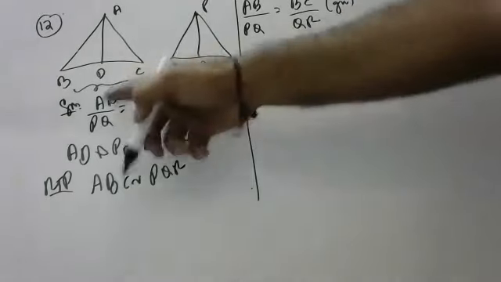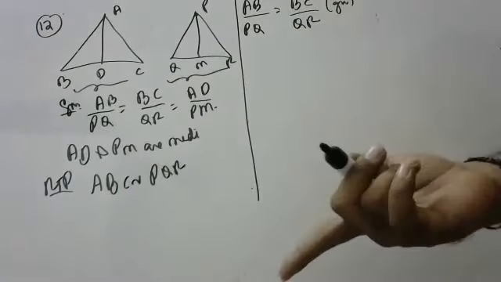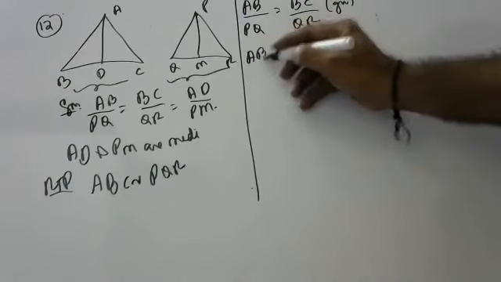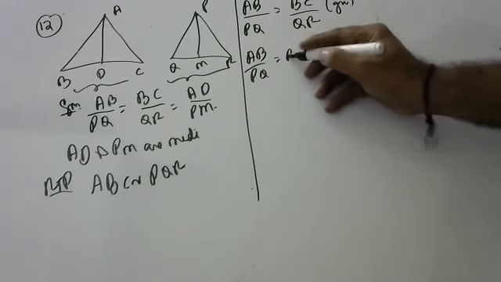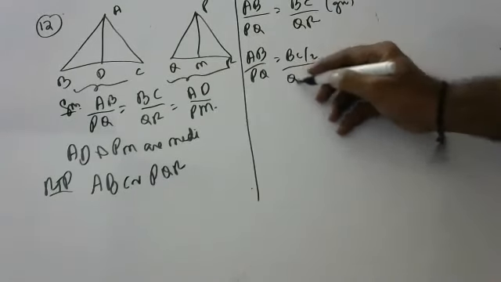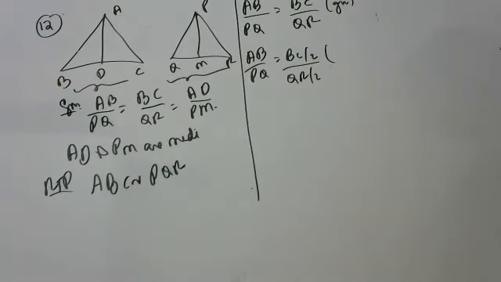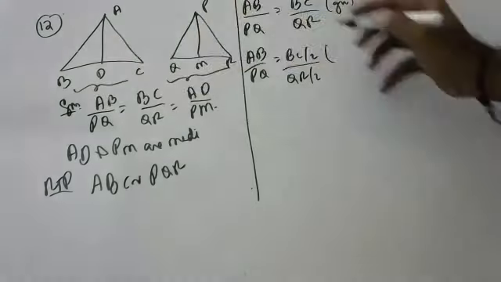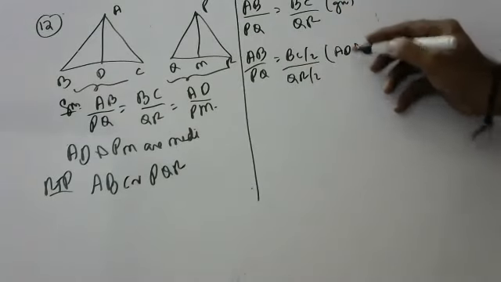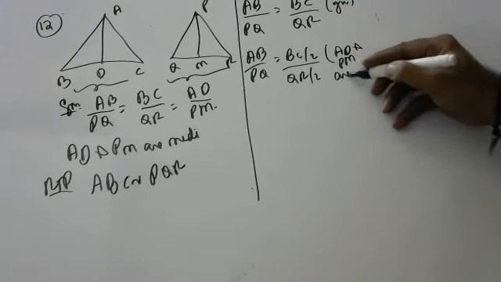Please see here. What is given here? AB by PQ is equal to BC by 2 by QR by 2. Why am I writing by 2 and by 2? Because AD and PM are medians. What will medians do?